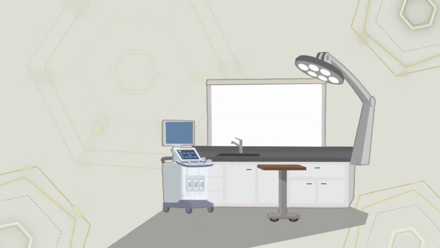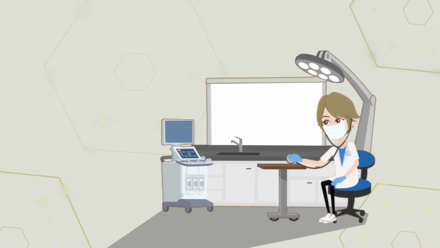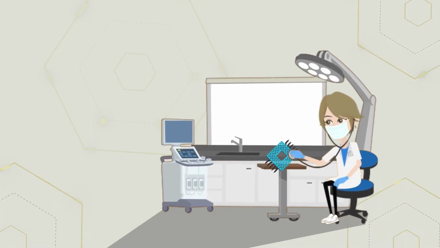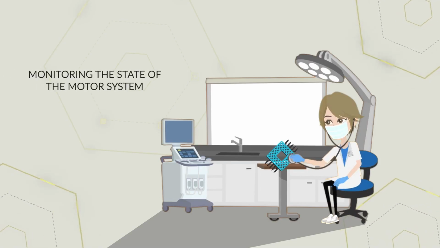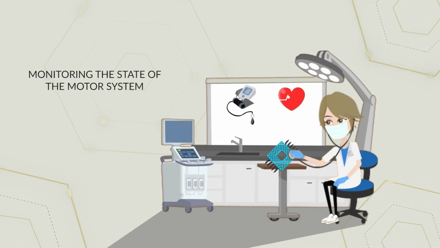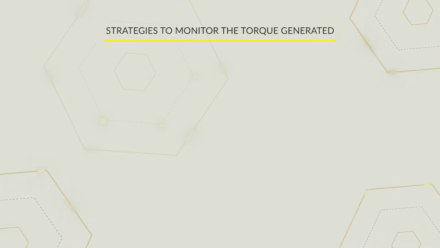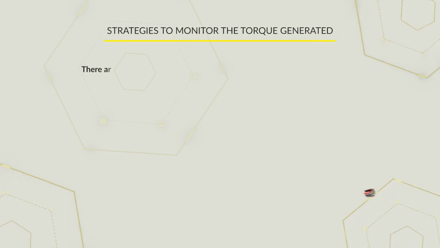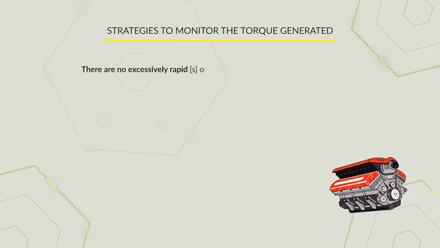We can think of it as a doctor taking care of patients. The operative heart of the control unit, the microcontroller, is in charge of monitoring the state of the motor system, while the doctor monitors blood pressure, pulse, breathing, and more. The control unit, therefore, implements some strategies whose main objective is to monitor the torque generated so that there are no excessively rapid variations.